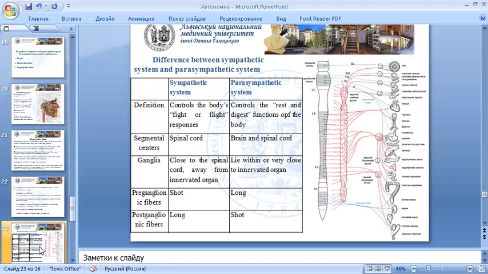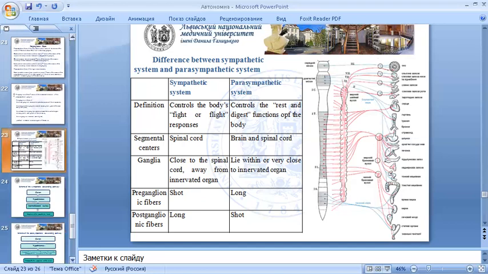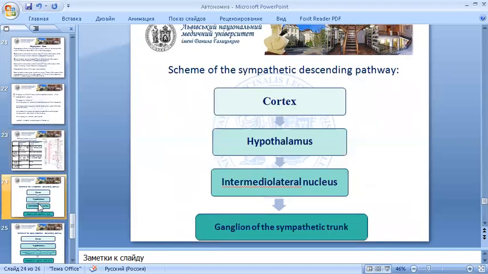As you see from this table, you can distinguish the difference. Now we should discuss the last question for today.